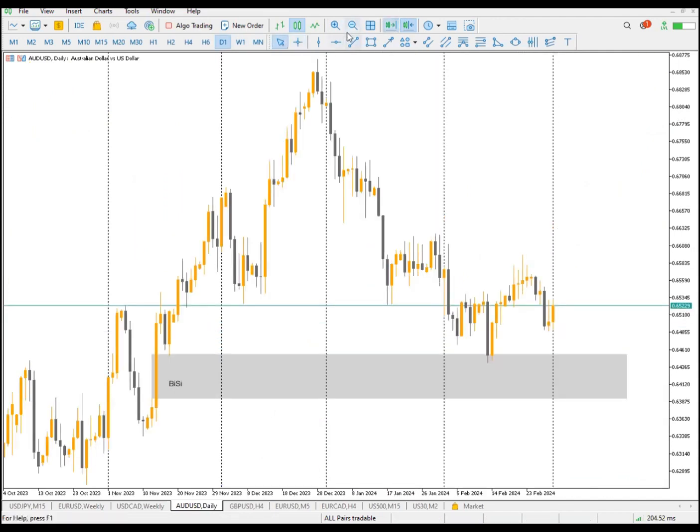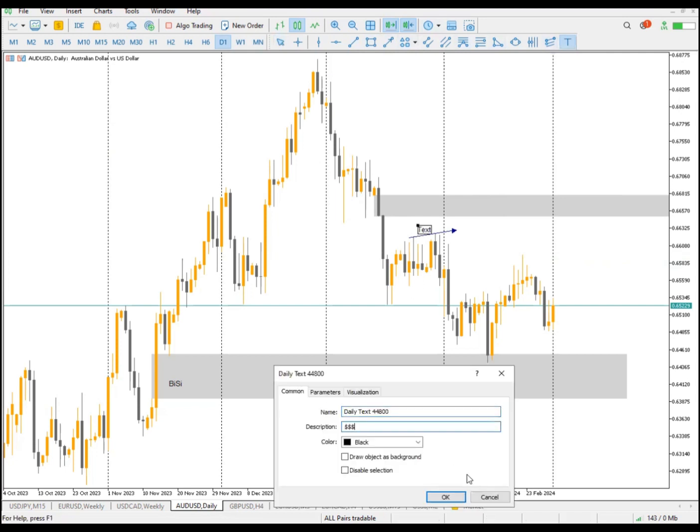But now with that said, let's look on the upside, right? On the upside, we clearly have this imbalance over here, right? And this imbalance is very beautiful because there is liquidity right there, right?